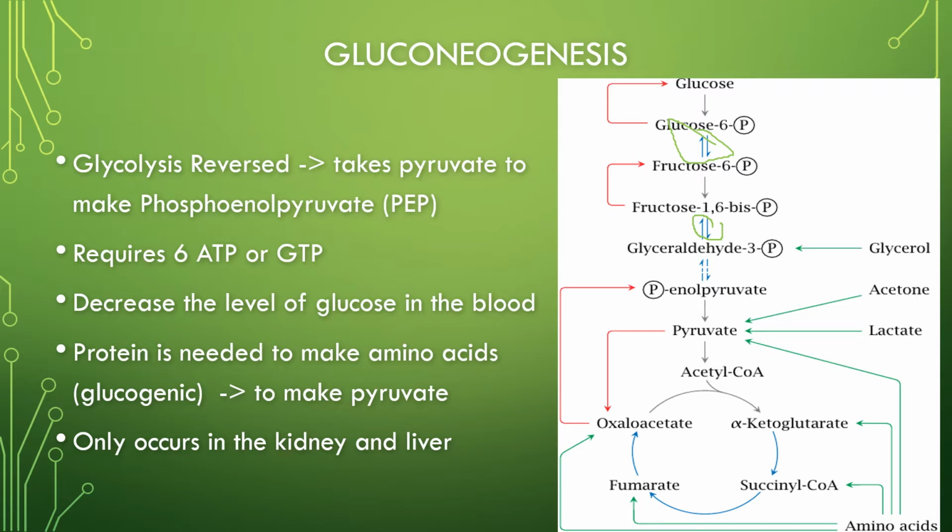And protein is needed to make the amino acids, so the amino acids down here. Those are needed in order to make pyruvate. This whole pathway only occurs in the kidneys and the liver because of glucose. Okay.